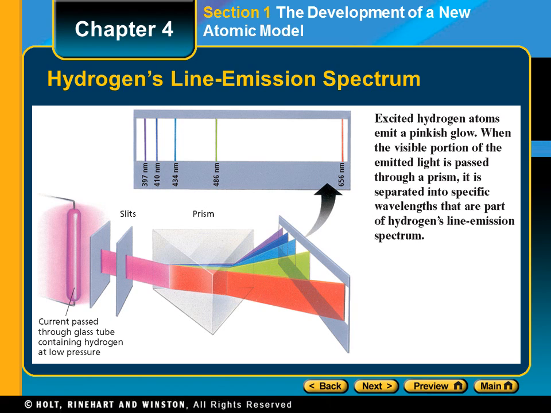Because they are different colors, that means they have different wavelengths, and we can actually measure those wavelengths: 397 nanometers, 410 nanometers, 434 nanometers, 486 nanometers, and then at the far end 656 nanometers. So what this says is, excited hydrogen atoms emit a pinkish glow, and when the visible portion of the emitted light is passed through a prism, it's separated into specific wavelengths that are part of hydrogen's line emission spectrum.